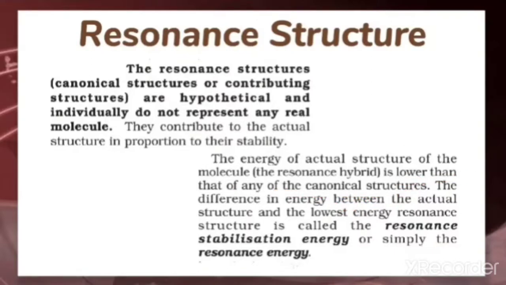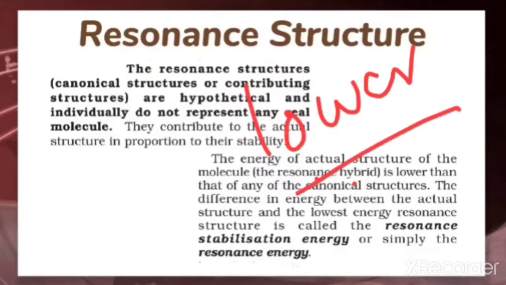And the difference in the energy between the actual structure and the lowest energy resonance structure is called resonance stabilization energy. So what is resonance stabilization energy? As we know, for some molecules there will be more than one possible structure. These structures are called resonating structures, and the actual structure is the resonance hybrid, and the energy of the resonance hybrid is always lower than any of the canonical structures.